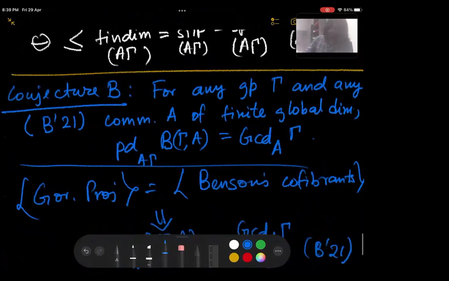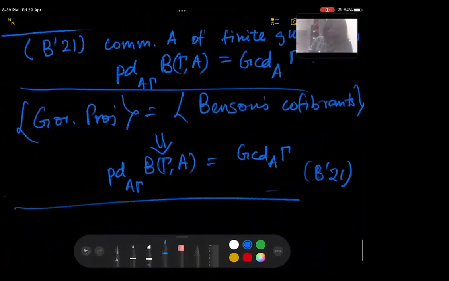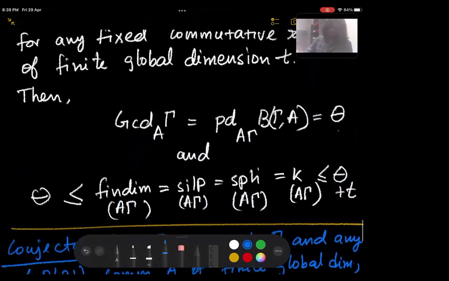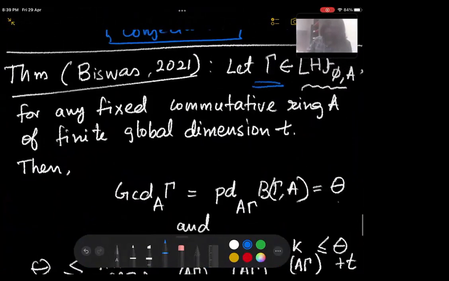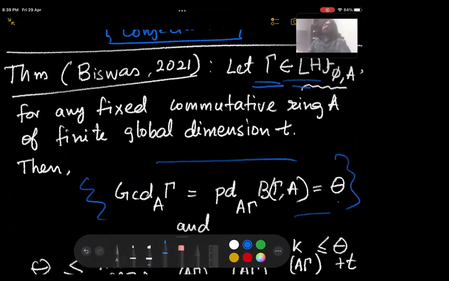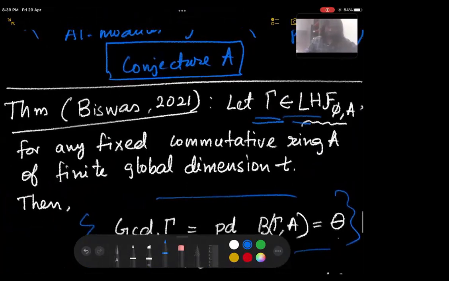And because of this implication, I was then able to get that for groups here, this equality is present. So now I think I should define what I mean by this class of groups. And once I have done that, I think I will have enough to give you the generation result on derived categories.